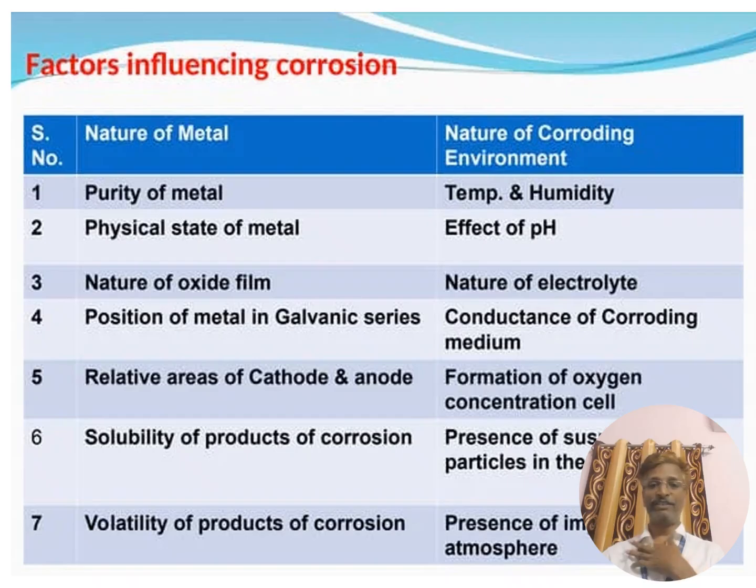Nature of electrolytes, and conductance of the corroding medium. Formation of oxygen concentration cells, that is, the difference in oxygen concentration between the anode and cathode. And suspended particles, impurities present in the atmosphere. So these are all the environmental conditions which influence the rate of corrosion.